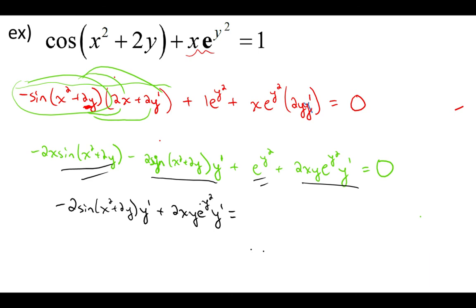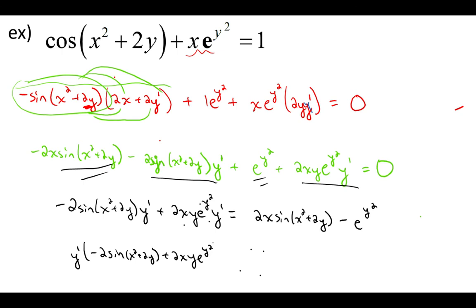So that will become a positive 2x sine of x squared plus 2y minus e to the y squared. I then need to pull out my y prime. So y prime times negative 2 sine of x squared plus 2y, plus 2xy e to the y squared, equals the right side, which stays the same.